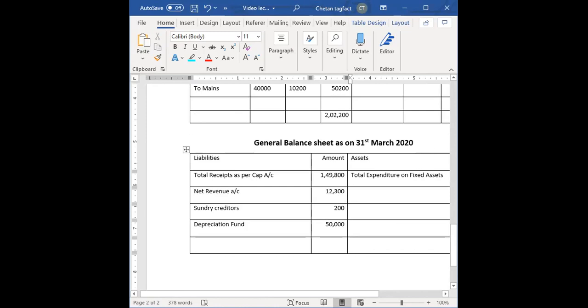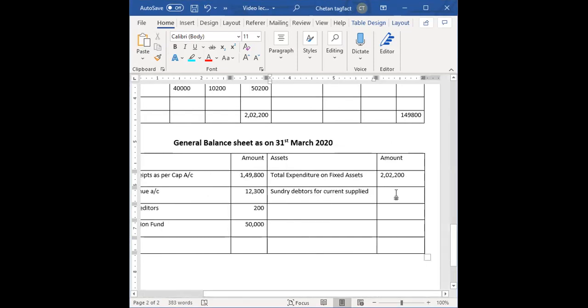How much is the amount we have? It is 8,000.